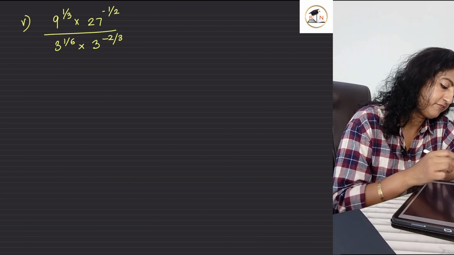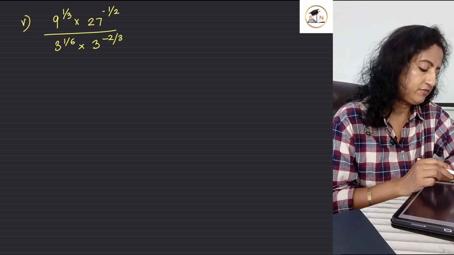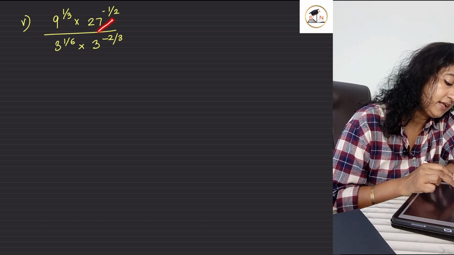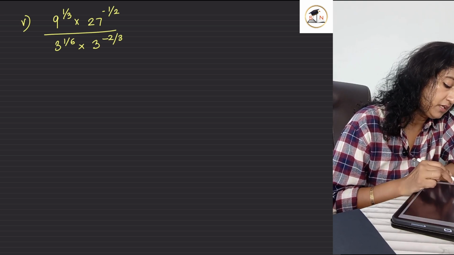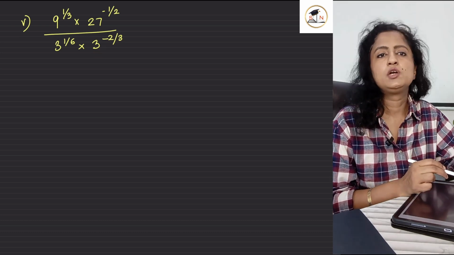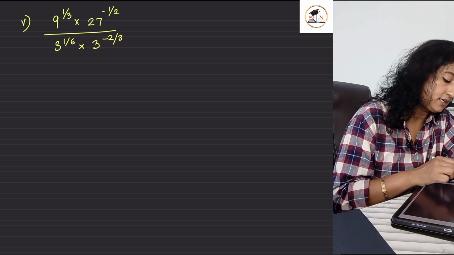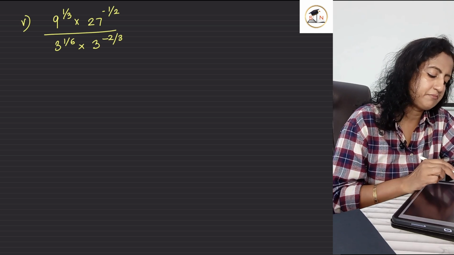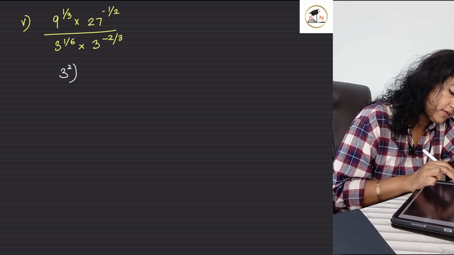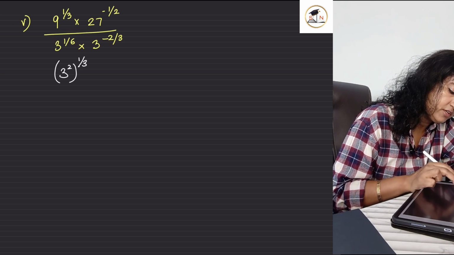Next question, 5th. What we have over here, 9 having a power of 1/3, 27 having a power of negative half. Now 3 in the denominator having a power of 1 by 6, and again a 3 having a power of negative 2 by 3. So let's start solving. First, I will simplify 9 and 27. 9 can be written as 3 square, outside 1 by 3.